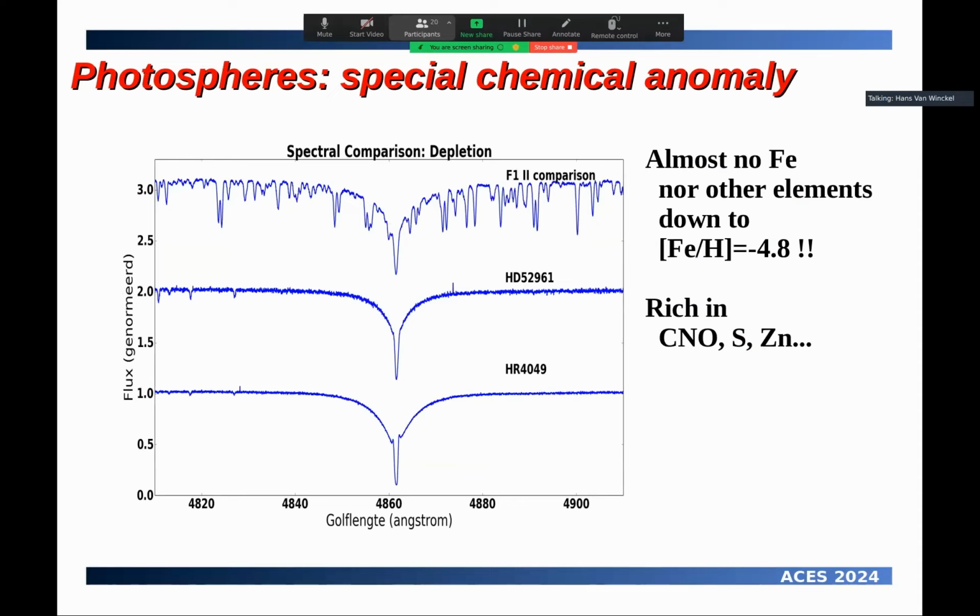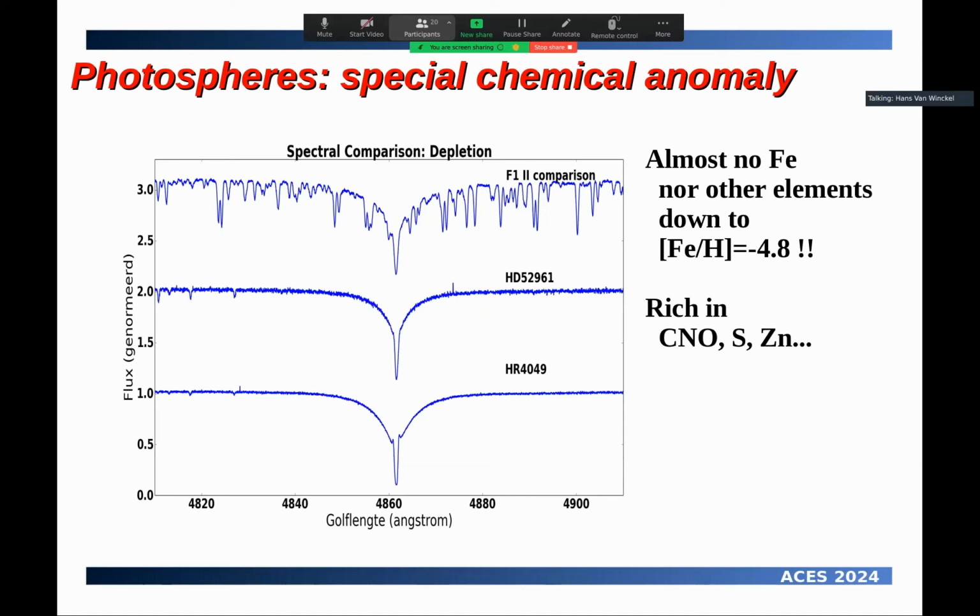Another system which adds to the chemical diversity is what Maxim told you about this morning, the depletion. So depletion is a chemical process in which the objects lose their nucleosynthetic history, but they are coated with a layer of gas which comes from the circumbinary disk.